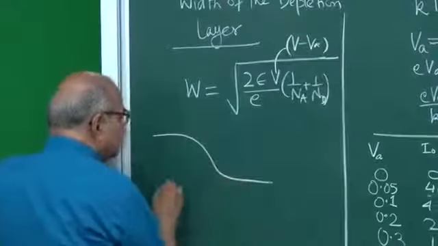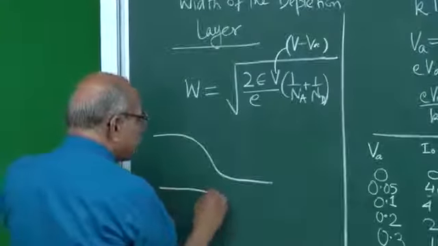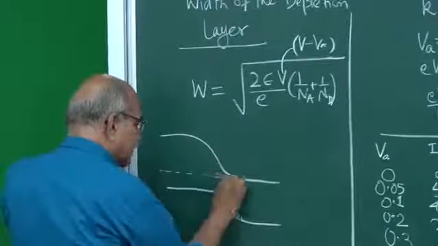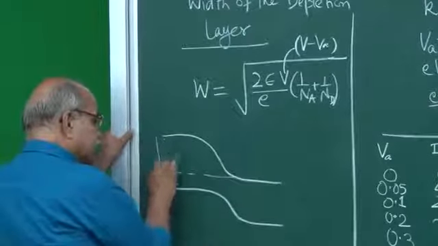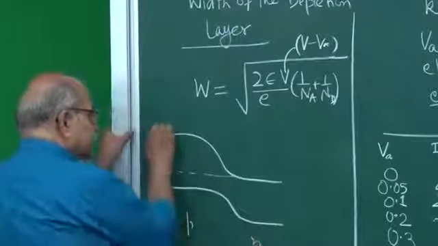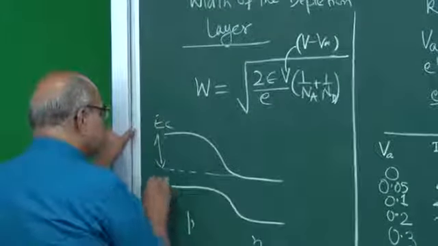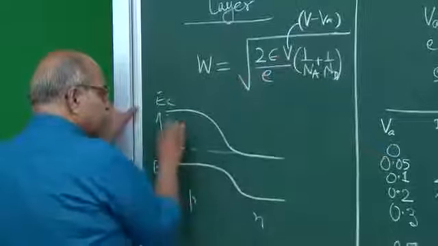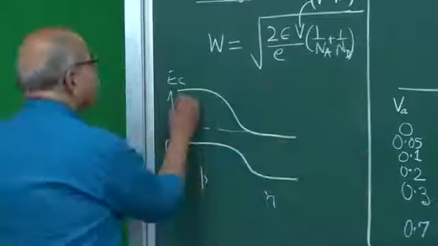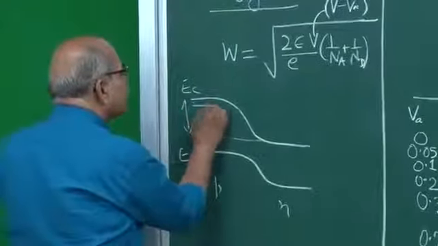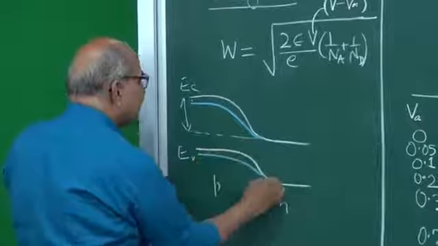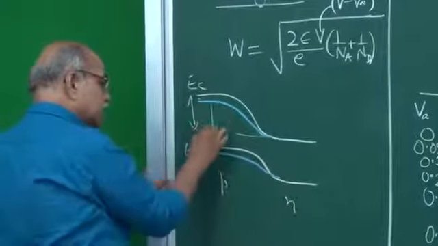If this is how the bands are, then this is the barrier height. This is the P side, this is the N side, and this is EC and this is EV. And when you apply this forward bias, this EC reduces to some lower value like that, and hence the barrier is decreased.